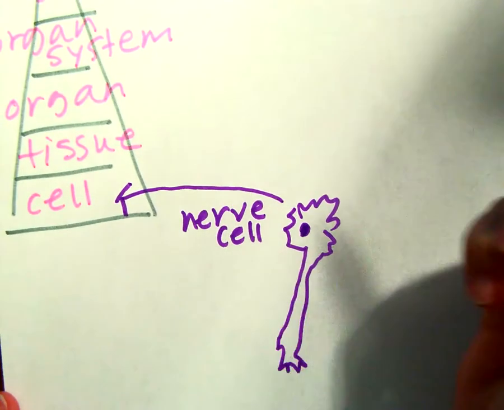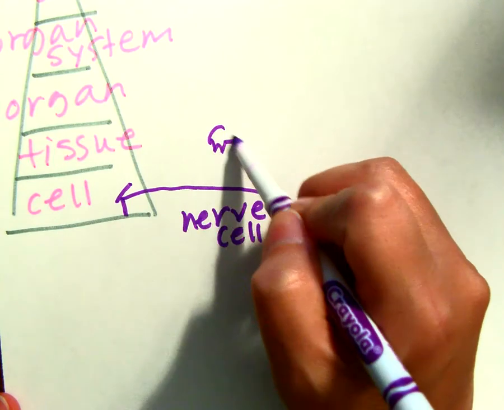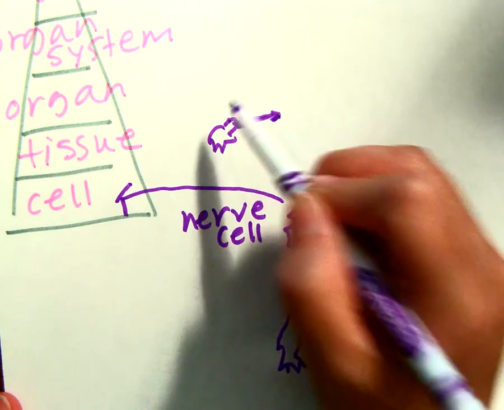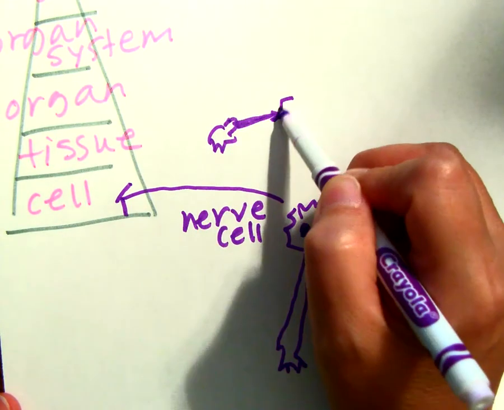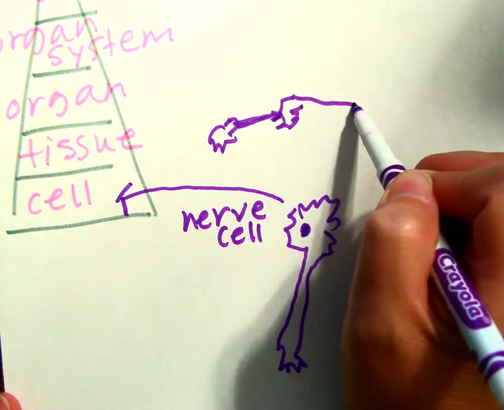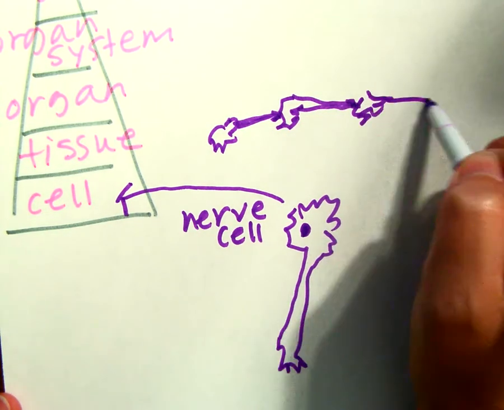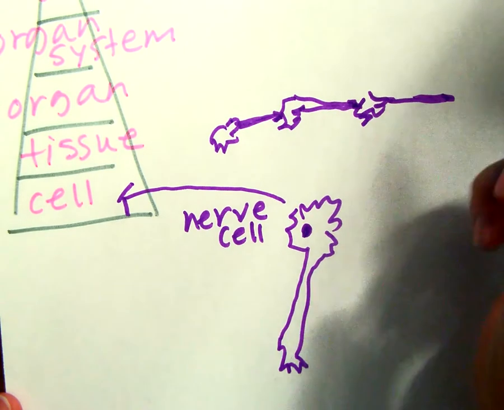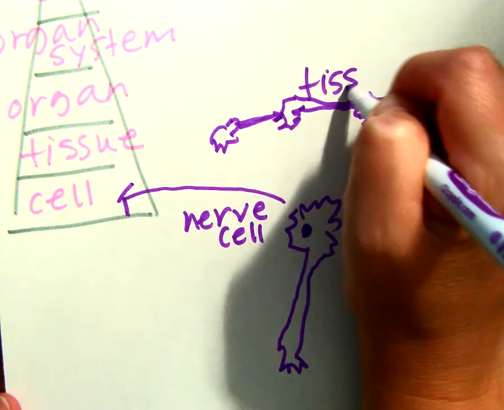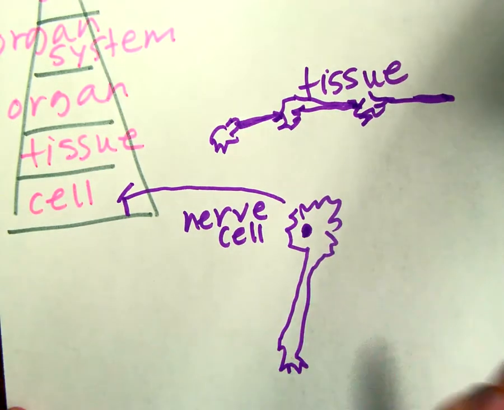When nerve cells are working together, I'm just going to draw a bunch of them. They make a tissue, nerve tissue, or brain tissue.